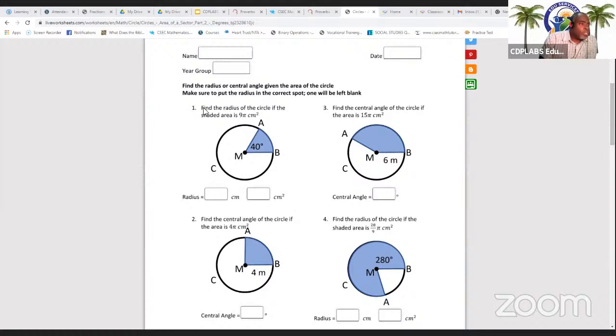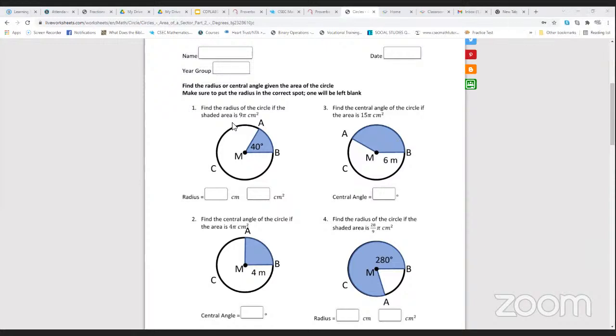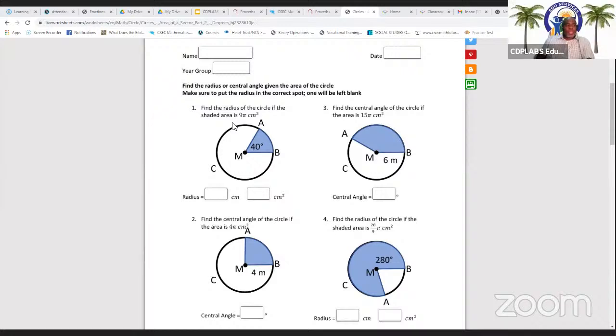Can somebody read number 1 for me right here, please? Find the radius of the circle if the shaded area is 9 pi centimeters squared. Okay, so they want to find the radius, right?